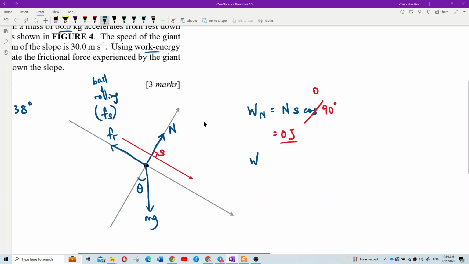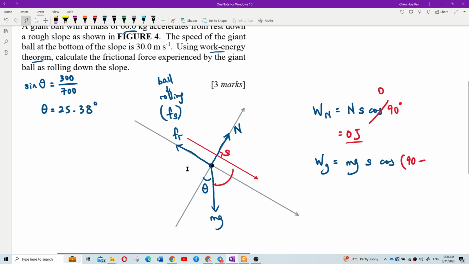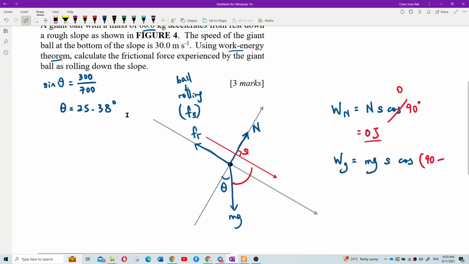How about work done by gravity, which is work done by the weight? We just put mg cosine. What's the angle, class? This is the angle. That means it's 90 minus the angle we got just now by using sine theta.